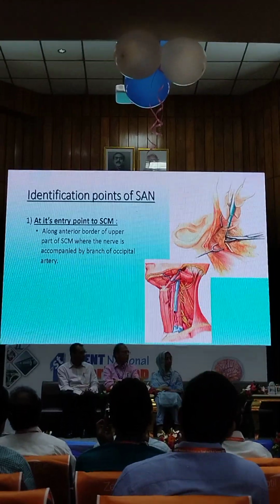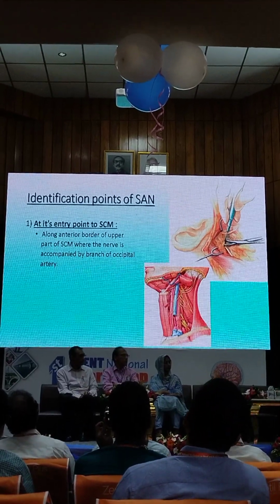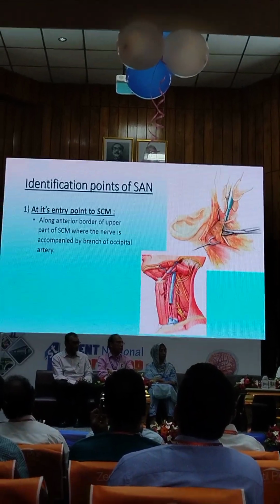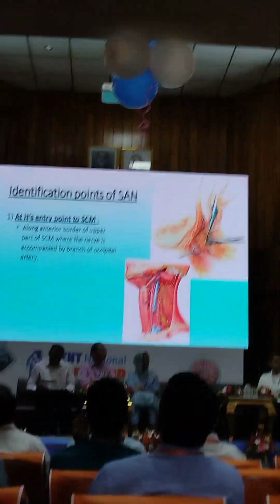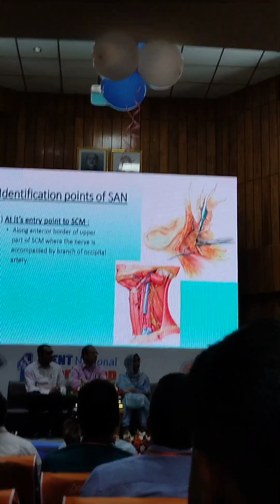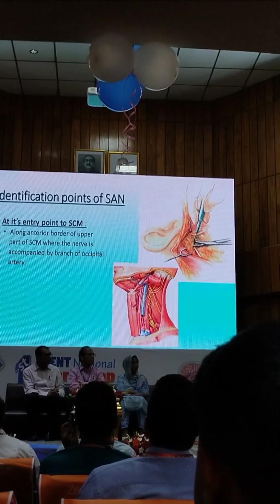In the upper region we can identify it at first at its entry point into the sternocleidomastoid muscle along the anterior border, where the nerve is accompanied by a branch of the occipital artery.